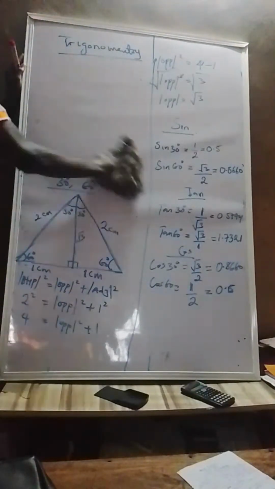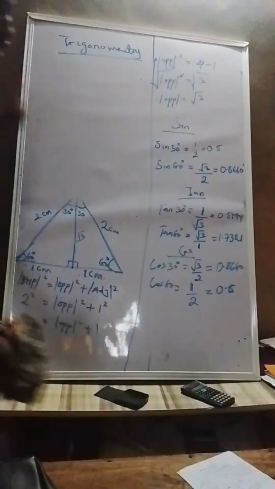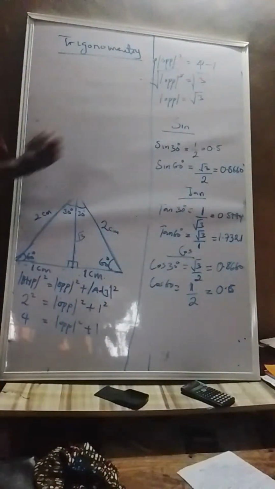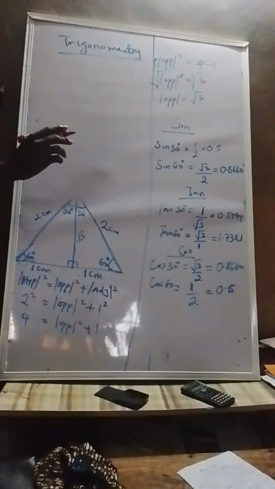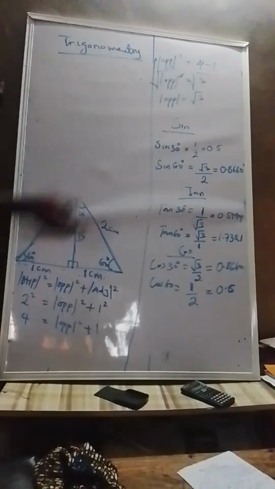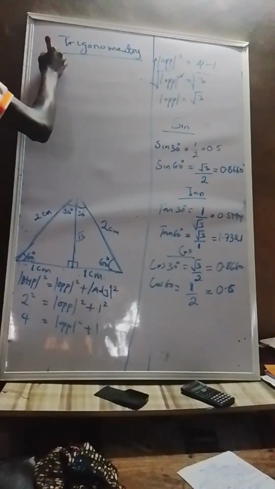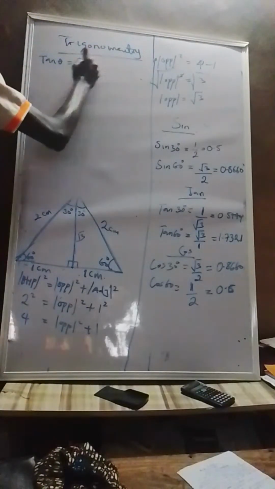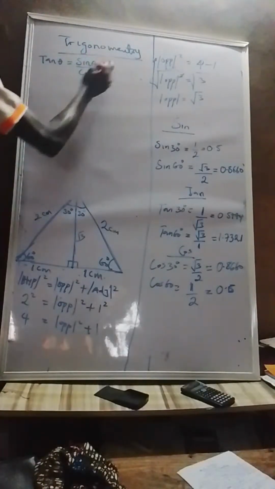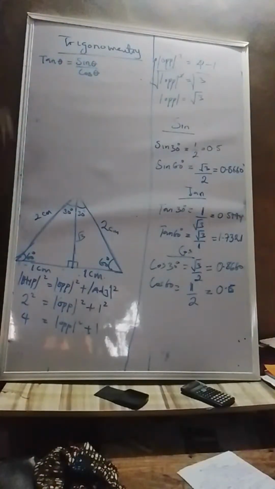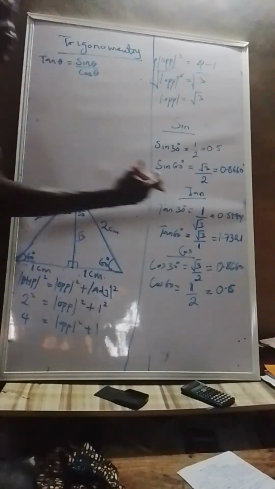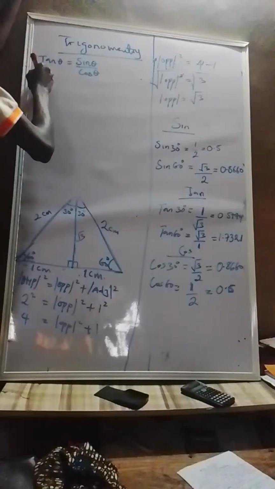Now, you are going to see that we derive the theory that tan theta equals sine theta over cos theta. Whether you take it or leave it, how is it possible? Let's check.